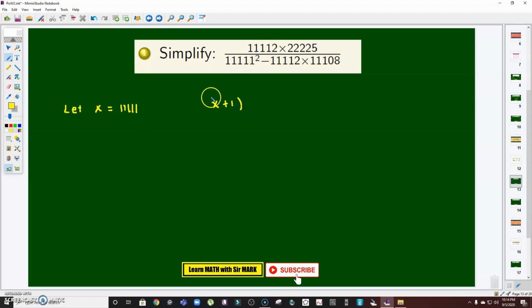See that? Next, how about 22,225 in terms of x? Take note, if you're going to double this, 11,111 times 2, that will become 22,222. But this is 22,225. So, you have to double it, but you have to add 3. See that? There you go.